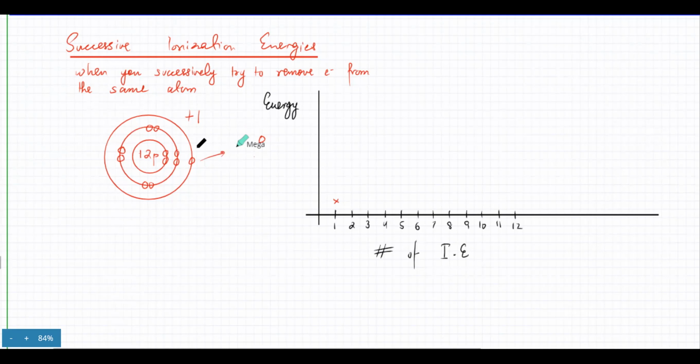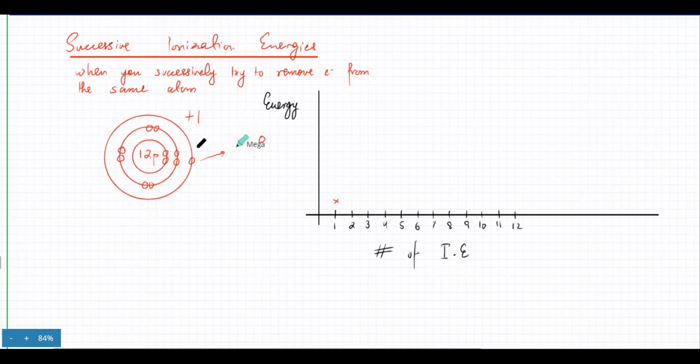So I'm going to write this down. That when you're removing the second electron, overall and net is the same thing.